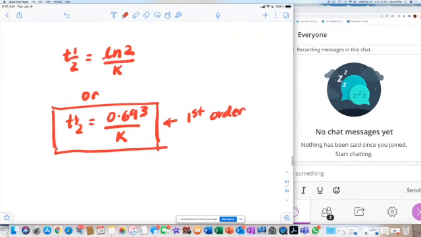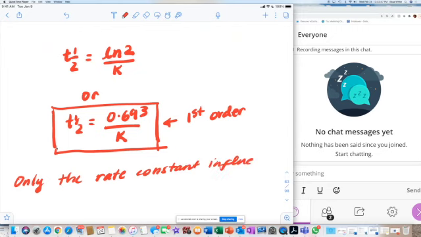Now you can see there is only one thing that influences the half-life, right? So here, only the rate constant influences the half-life.